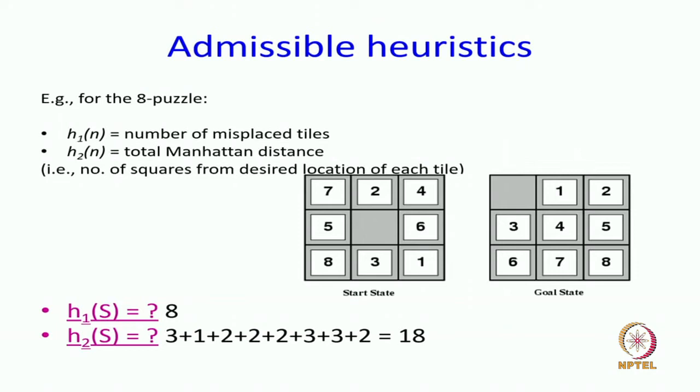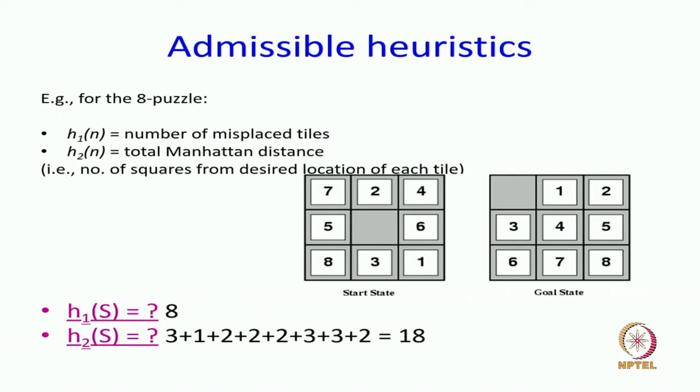Now, which of these 2 heuristics do you think is a better heuristic, H1 or H2? Why? Realistic is a good word, but let's be precise. Each term in H1 will be less than or equal to H2, and both of them are admissible.